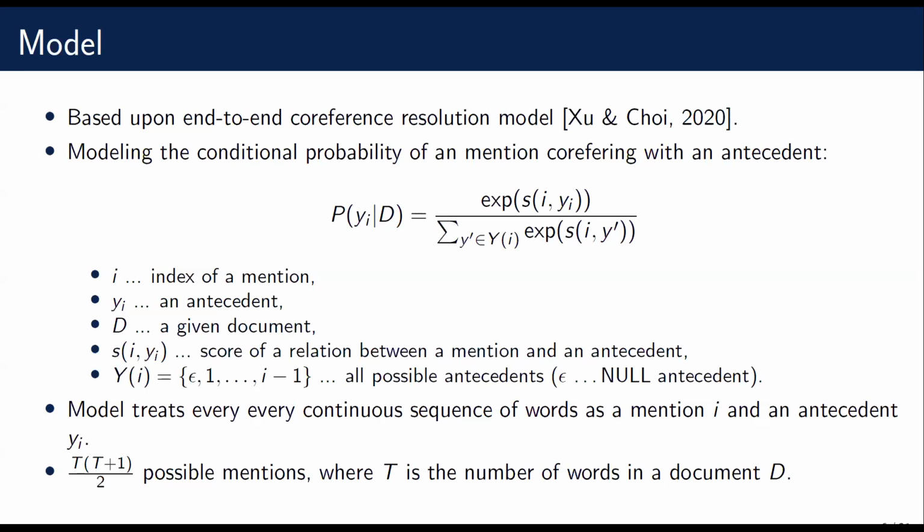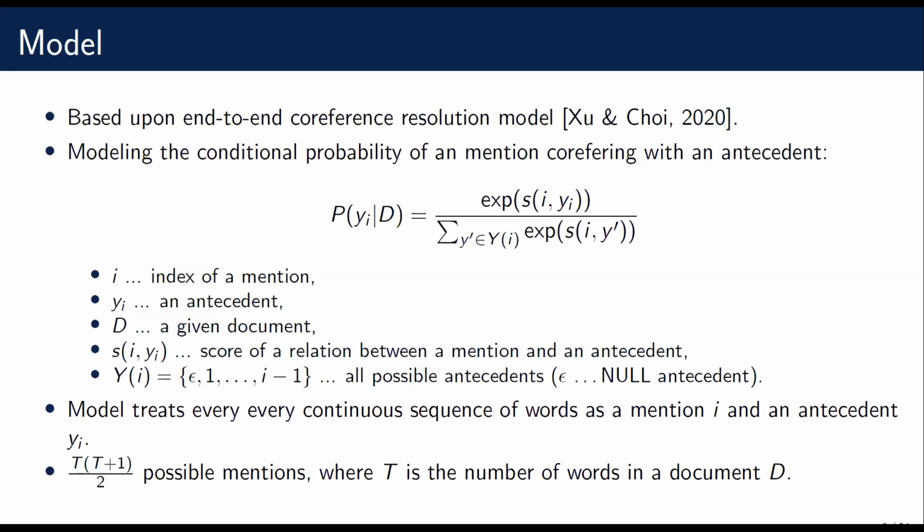And since we don't know what a mention is, we generate all possible mentions in the document. So every word is a possible mention, every 2 consecutive words are possible mentions, every 3 consecutive words, and so on. And we have some limit, for example, I think 10. We consider mentions up to 10 words in sequence.